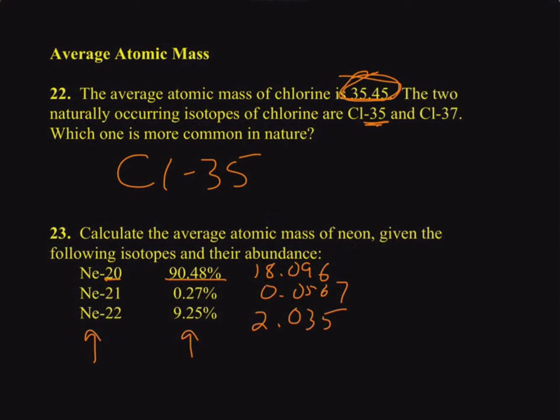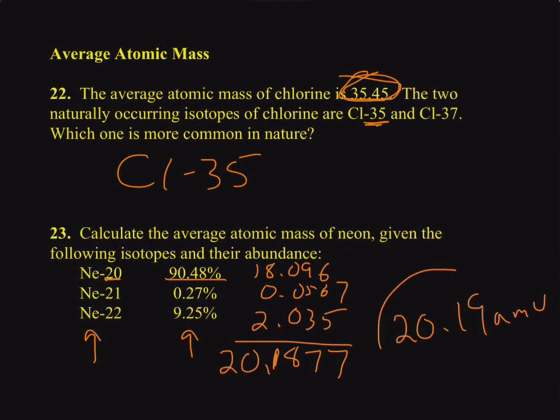When you add that up, you get 20.1877. We're going to round off to 2 decimal places, which would give us 20.19 atomic mass units. So you can see the average is very close to the most common isotope, and that's how we work that out.